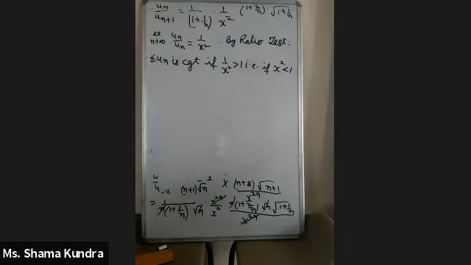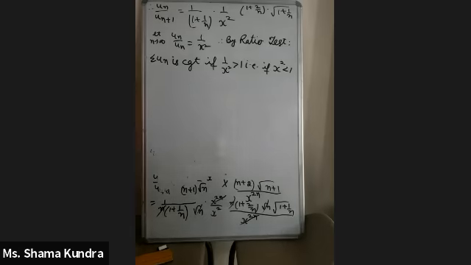As we don't know the value of x, we have to write all the cases. Don't try to find the value of x. Keep x square as x square.